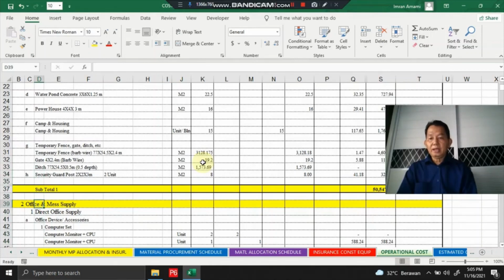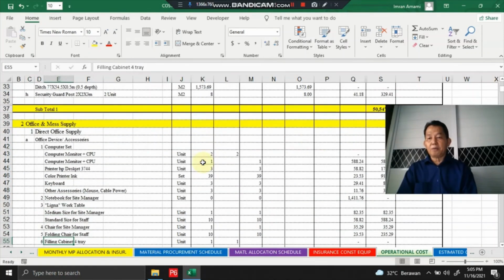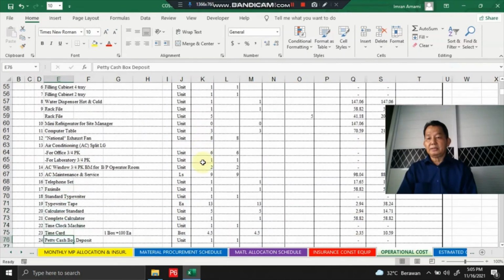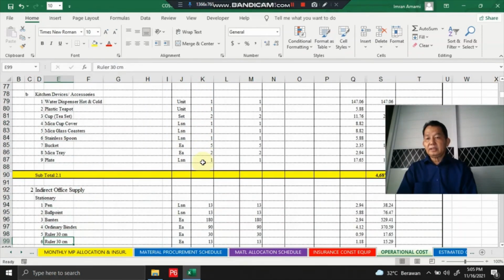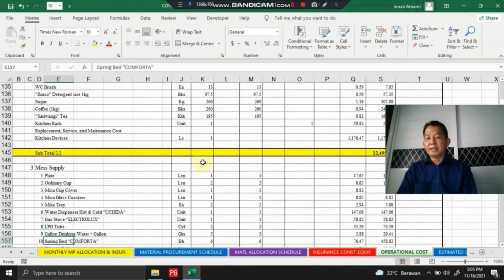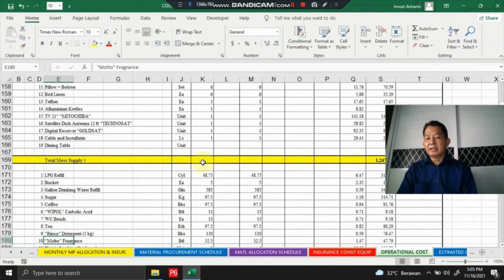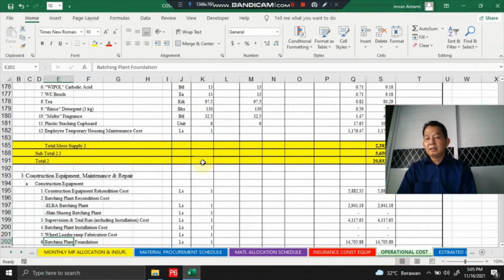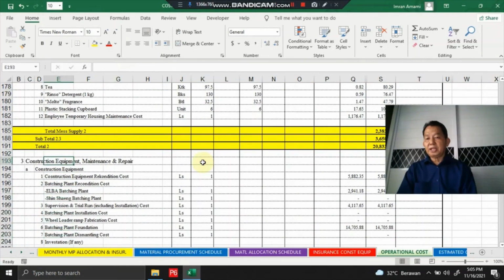Okay, and then we calculate office and main supply. Direct office supply, and then indirect office supply, and then main supply, and then construction equipment maintenance and repair.